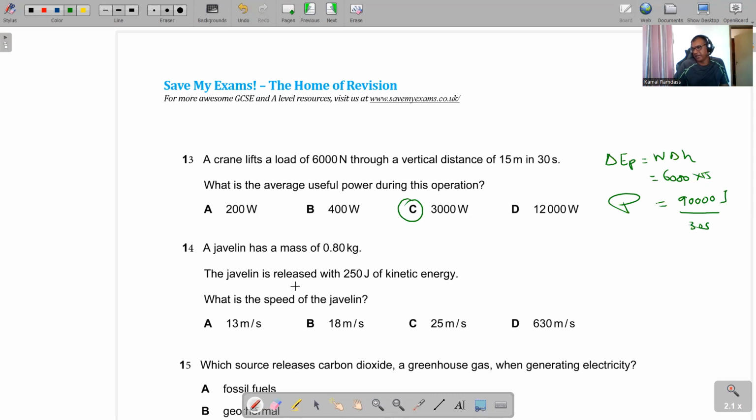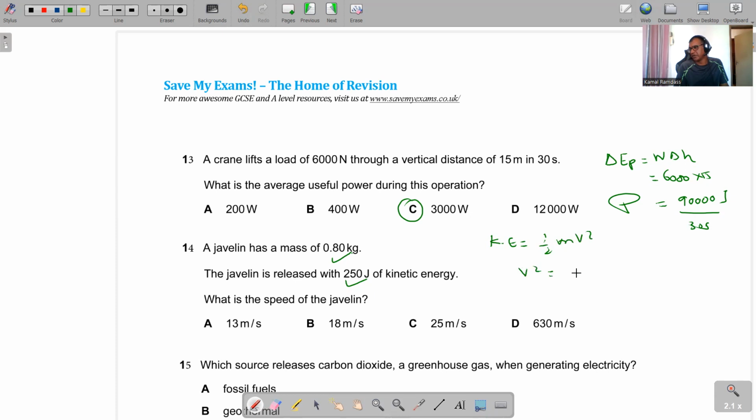A javelin has a mass of 0.5 kilograms. A javelin is released with 250 joules of kinetic energy. What is the speed of the javelin? Kinetic energy is equal to half mv square.